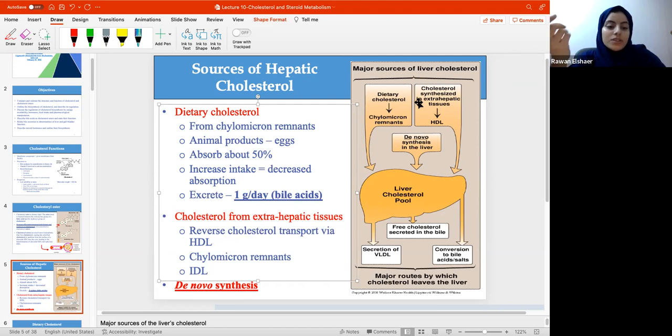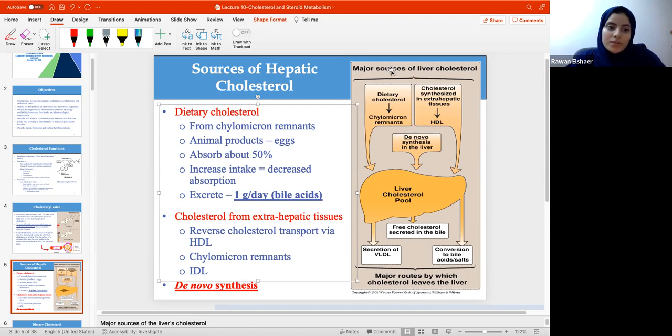Sorry, once they're absorbed in your enterocytes, they're called chylomicrons, and once they reach the liver, they're called chylomicron remnants, okay? So first it's called a chylomicron, then it gets transported through your blood to your liver, and once it reaches the liver, it's called a chylomicron remnant.